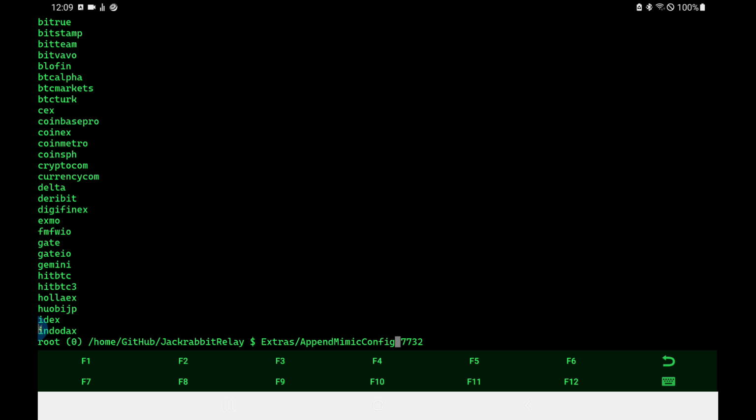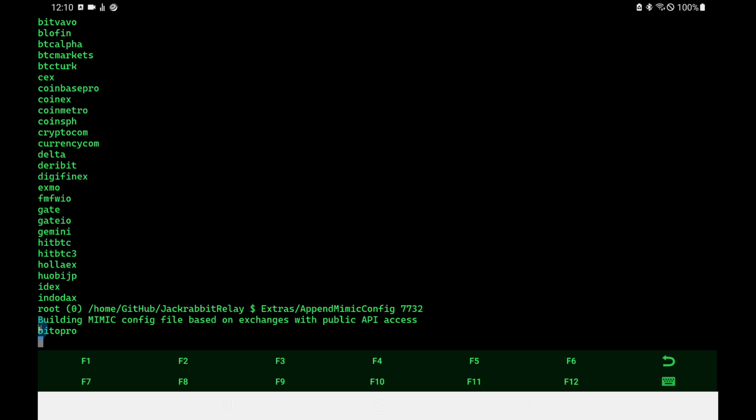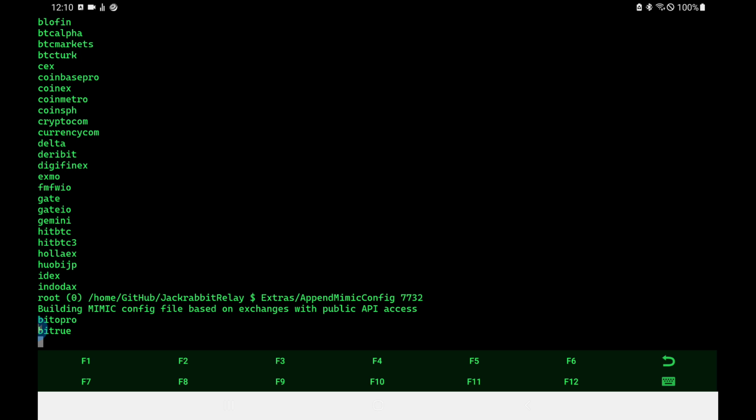And if you already have one, it will update your existing file for any exchanges that it will process with the public information. So it is now searching all of the newly created config files that you just made for the public references that were created, and then adding them to the Mimic config file if they don't already exist. These commands do not add duplicates, so you don't have to worry about running them more than once.